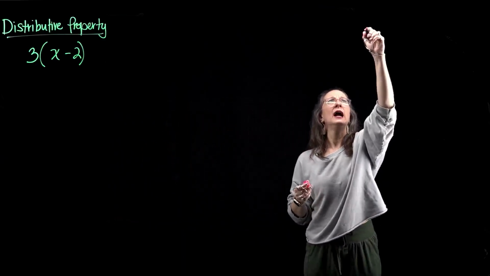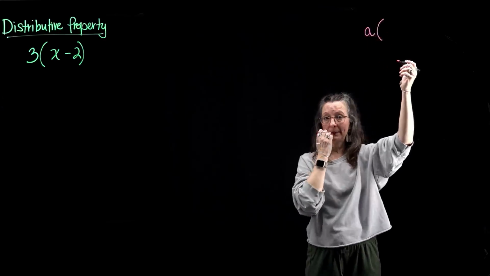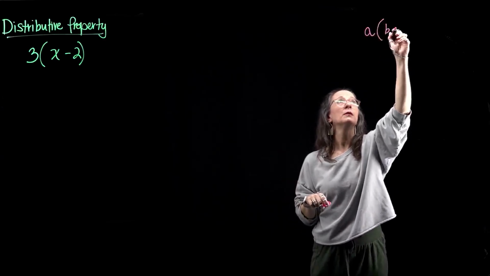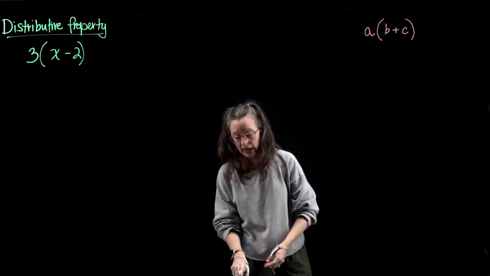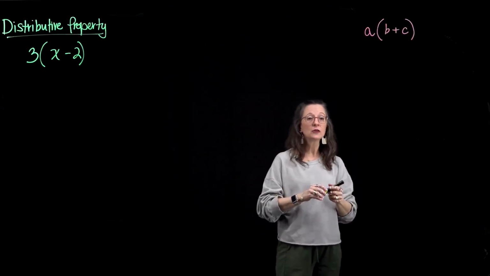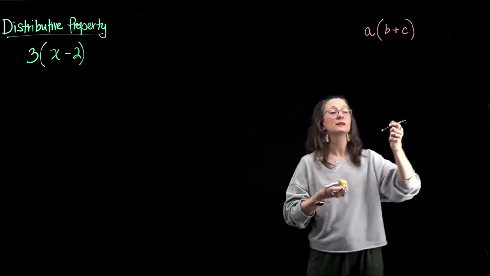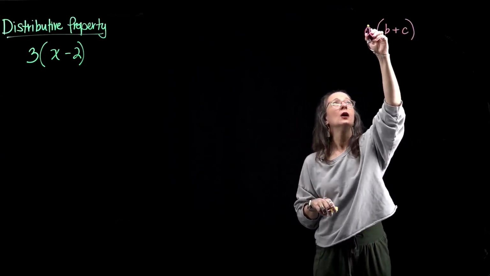If I have A and I multiply it by parentheses B plus C. All right, now I always draw the arrows. It's just a habit.